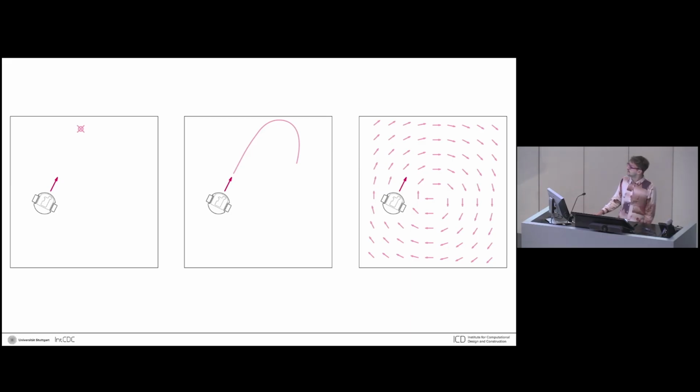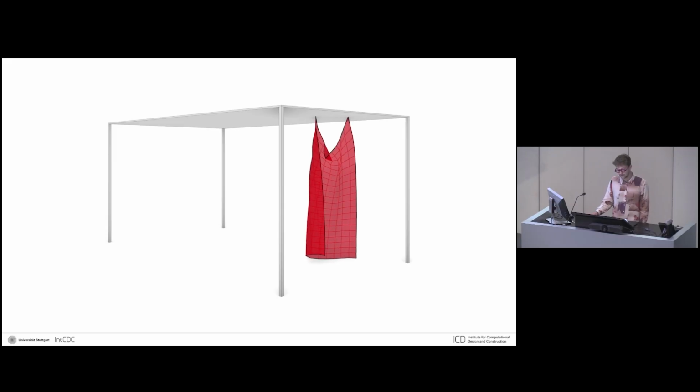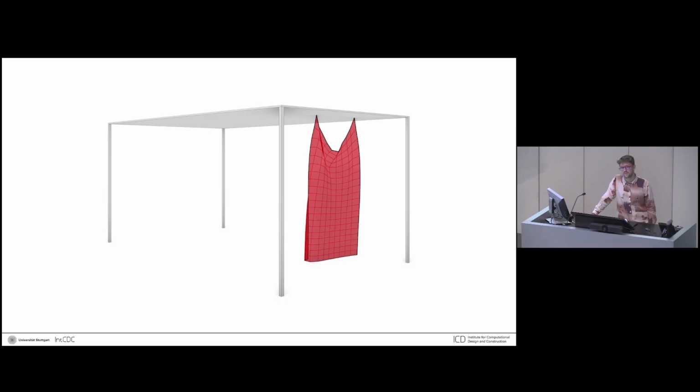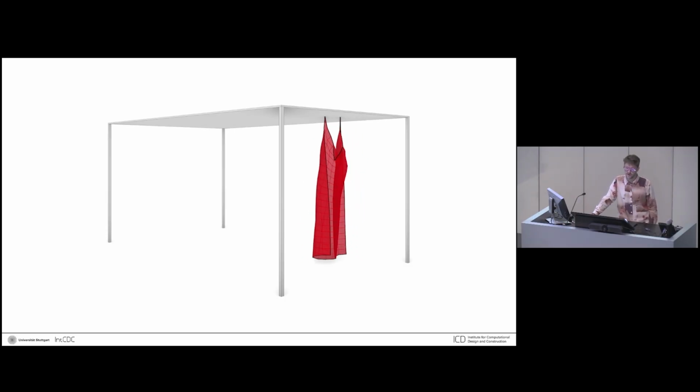But this model had very specifically three inputs: a target point, curve, or vector field that would prescribe the decision-making that the robots had. And this agent-based tool was accompanied by spring-based simulation for the fabric that allowed for the immediate evaluation of the effects of a choreography.